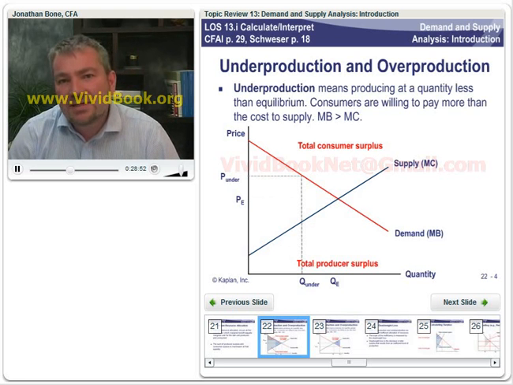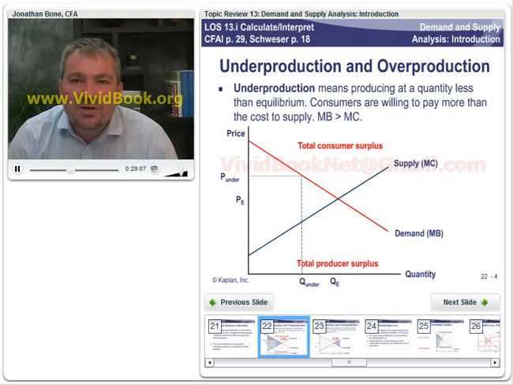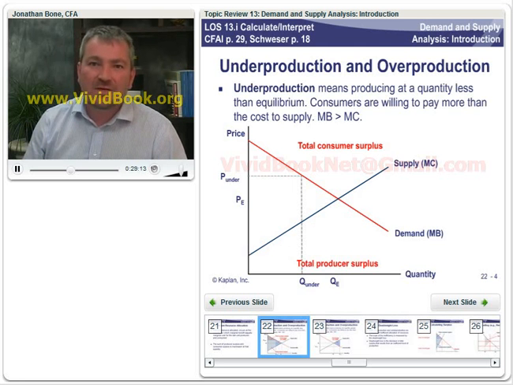Now, notice at that level, at Q under, as we've called it on this diagram, the quantity supplied is less than the quantity demanded. Or what I should say, the marginal cost is less than the marginal benefit. So marginal benefit is higher.